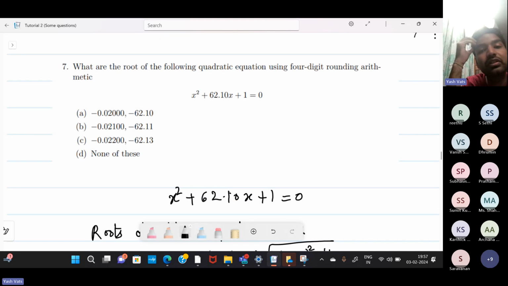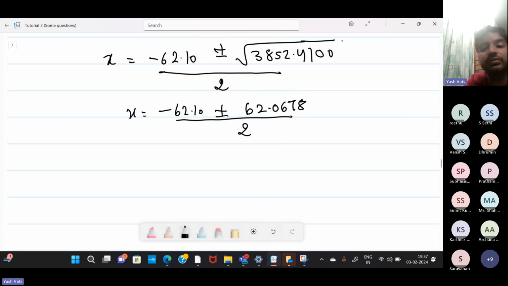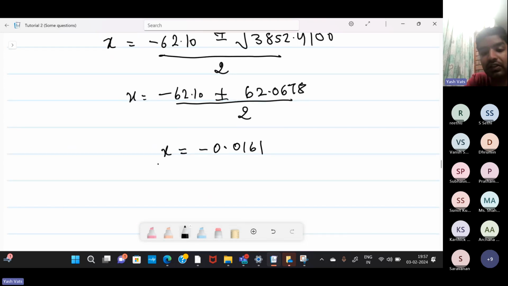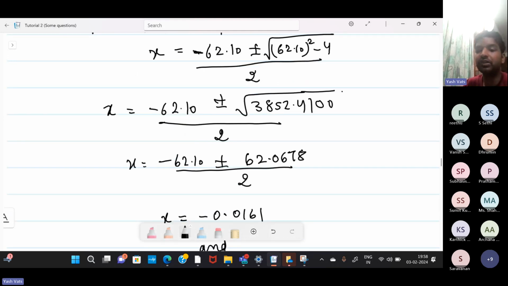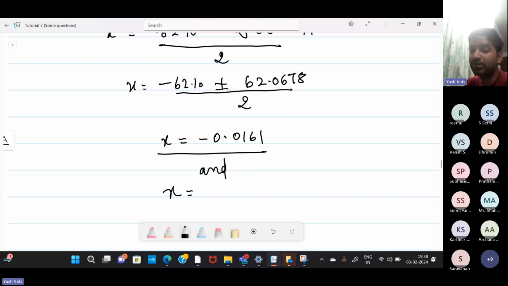It's not there. Okay, anyway. Minus 0.0161 is one value. If they say you have to round off to 2 decimal places, then at every step you need to round to 2 decimal places, and maybe the answer will be minus 0.02. Not 4 places.